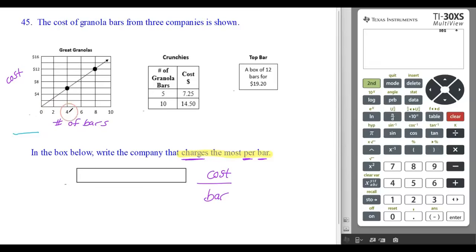So let's see, 4 bars, from right here. I'm using this point. 4 bars, put that on the bottom. Cost, how much here? This is going to be $6. So I'll put the cost on top. Here, this is 0, 2, 4, 6, and 8. I did that wrong. Let me do that again.